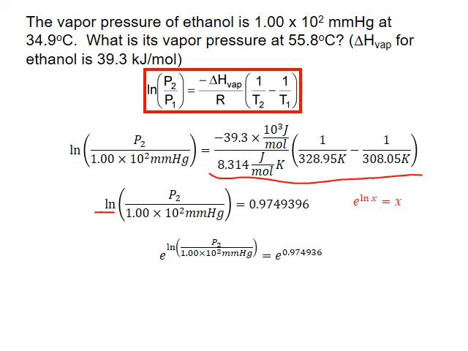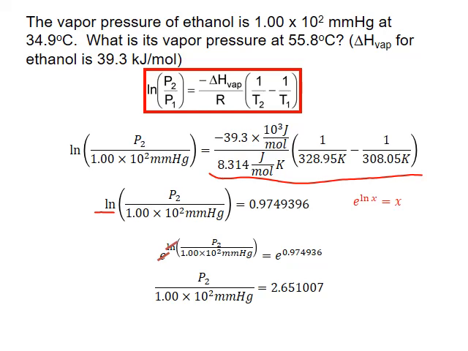You must raise both sides to the base e, however, to maintain the two sides as equal. The left-hand side raised to the base e simply eliminates the natural log. On the right-hand side, e raised to the 0.974936 power can be calculated using your calculator. This calculation gives us the following simpler equation.